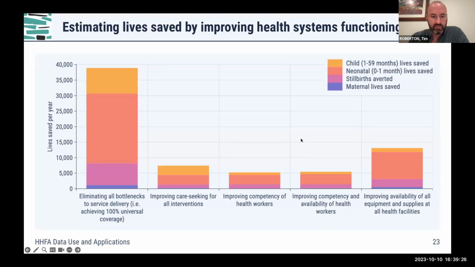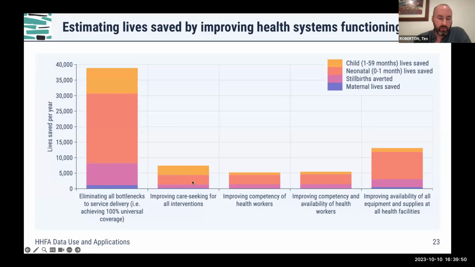So this is one slide from one of the countries showing that if we were to improve all the bottlenecks in the country to service delivery and everyone was to get all the necessary interventions, then we would potentially save 39,000 lives per year, child, neonatal, maternal lives. But that's likely to be quite a long way off.